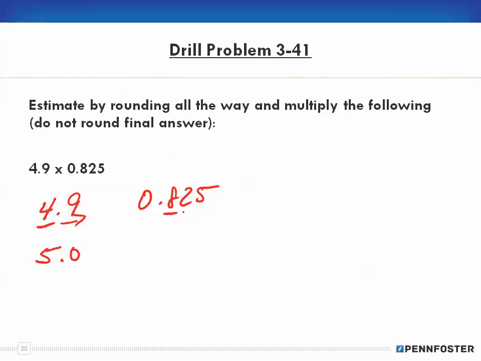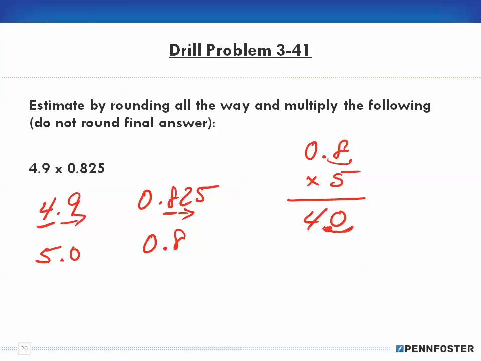I start out with the 8, look to the right, it's a 2, it's less than 5, so I'm going to round down, so that ends up becoming 0.8, and I multiply one by the other. So I'm going to take 0.8 times 5, which is 40, and since I have one decimal place, I'm moving it here, from here to here. And so my answer is 4.0, or just 4.